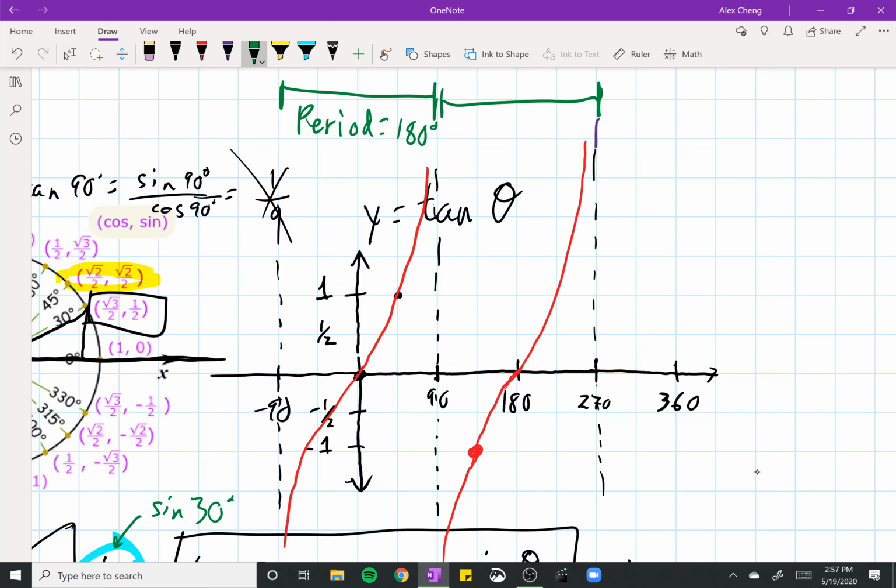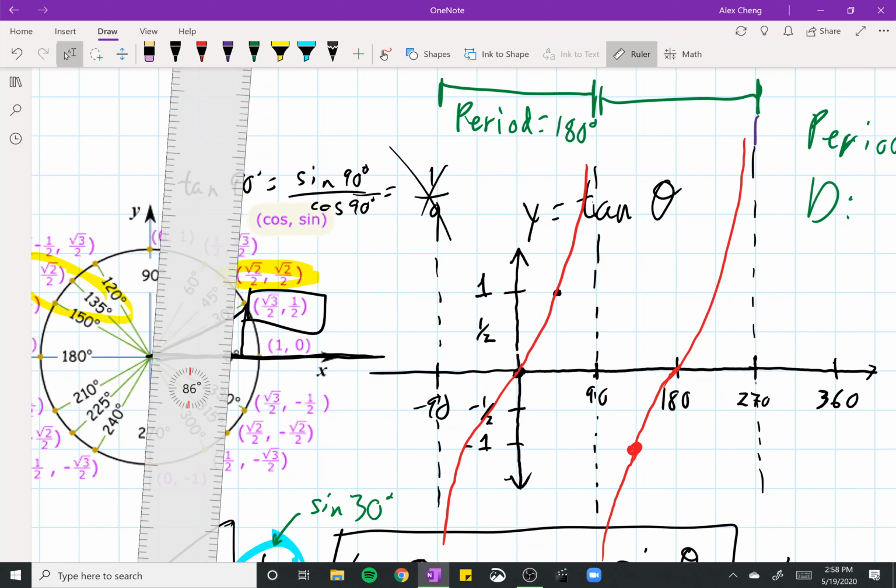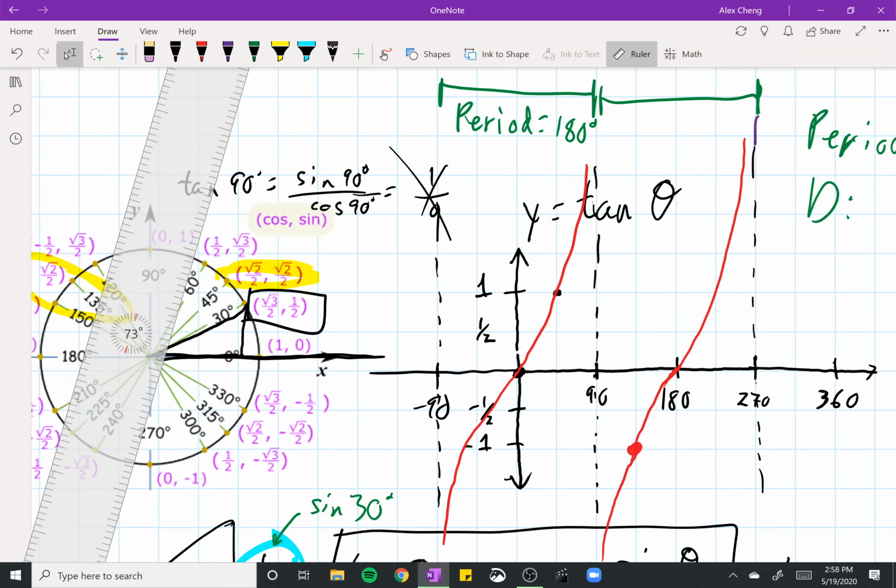And let's just fill in our domain and range. So let's actually copy that here. The period equals 180 degrees. Our domain, so this is interesting, what angles can we not take the tangent of? This would involve any angles where the slope of the ray on our unit circle as we rotate it is vertical.